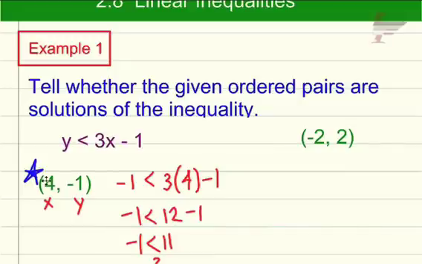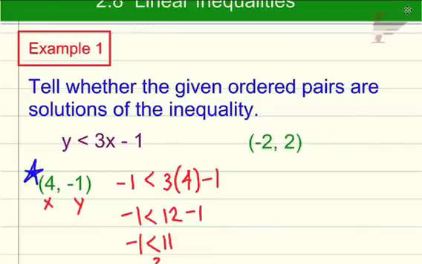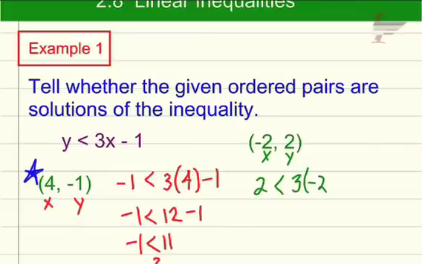So now we're going to do the same thing with our other point over here. We're going to plug in our x and our y value. Here's our x and our y into the inequality. So we have 2 is less than 3 times -2 minus 1. 2 is less than 3 times -2 is -6 minus 1. 2 is less than -6 minus 1 is -7.